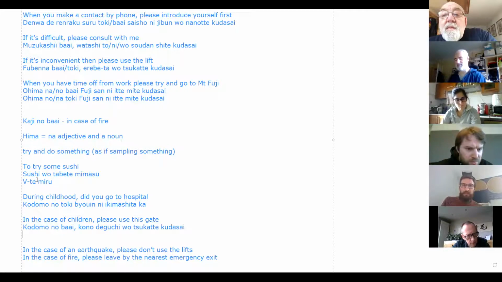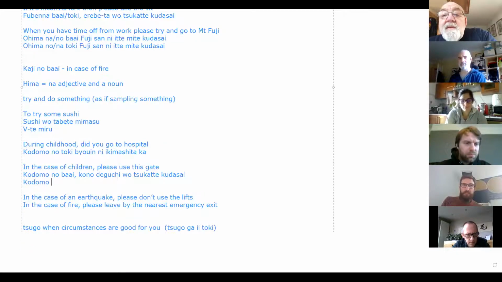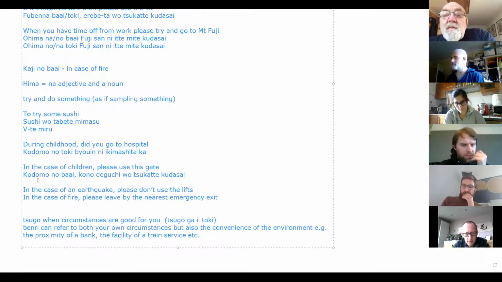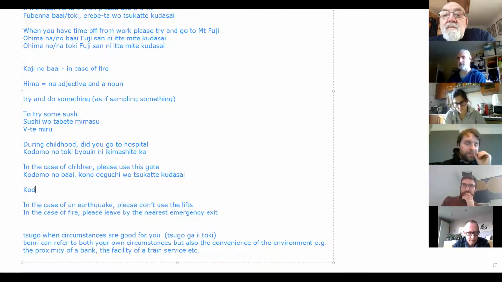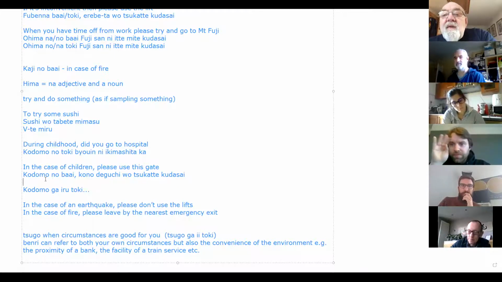In this case, it would be funny to use kodomo no toki because it sounds like when you were a child. But bai is perfect for this, to say in the case of. Could you use 子供がいるとき? Exactly, that's when you could use it. Kodomo ga iru toki would be perfect.